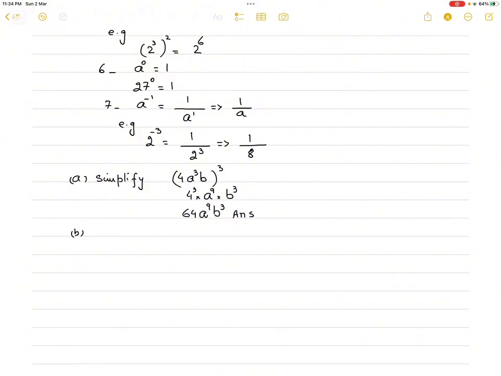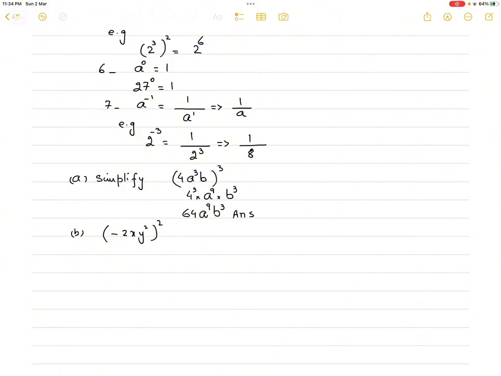B. If I have a question to simplify (minus 2x y square) whole square, as I said before, everything inside the bracket has now the power 2. So negative power 2 means negative is going to multiply 2 times. Negative into negative makes positive.